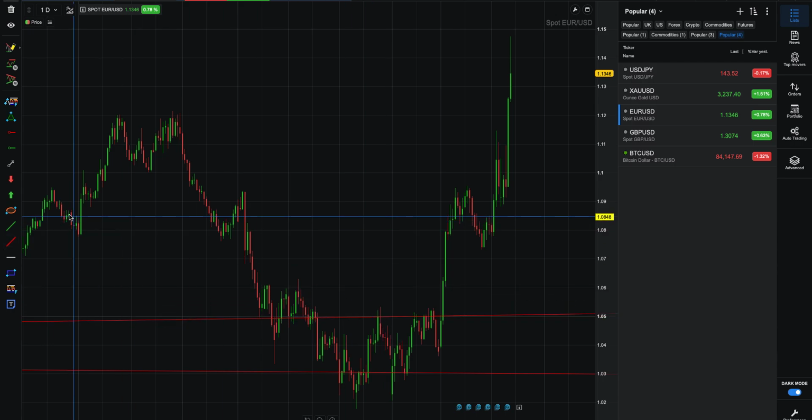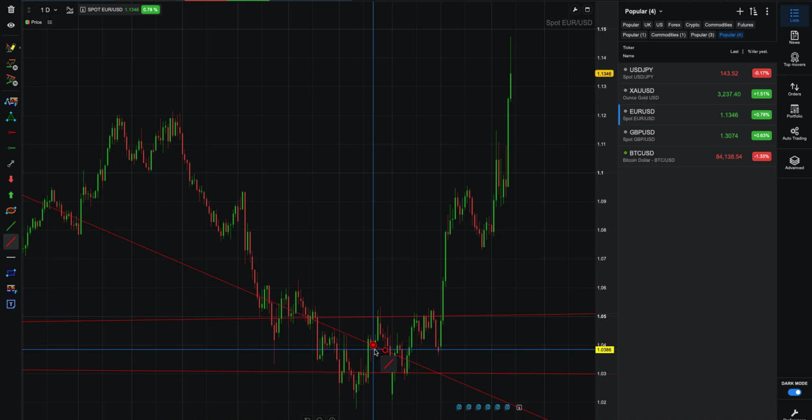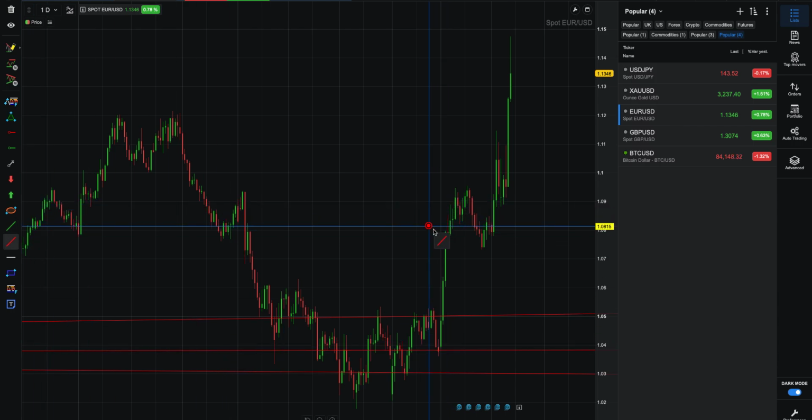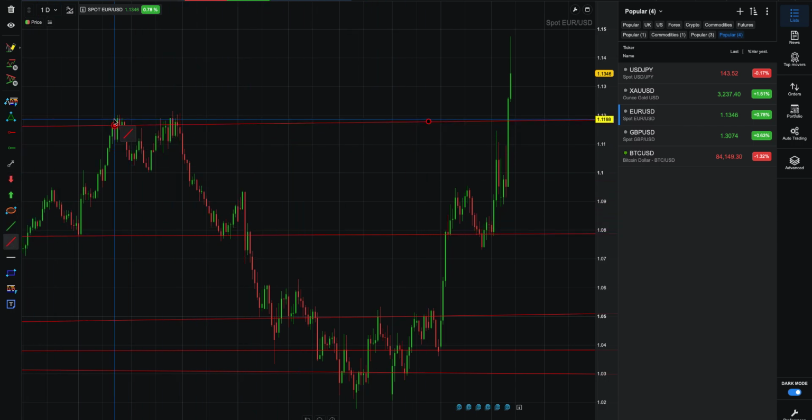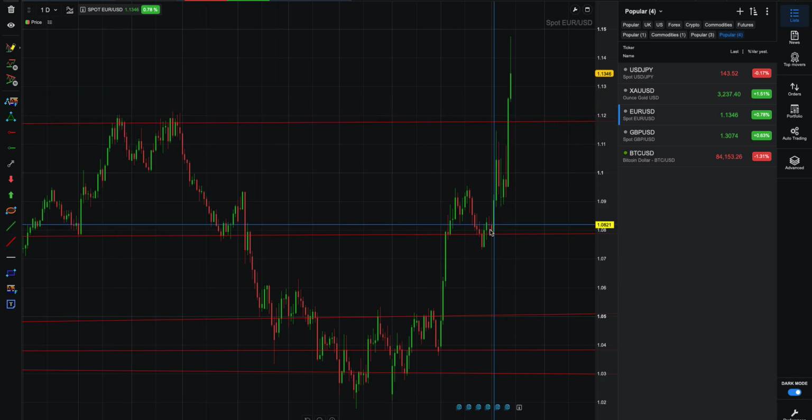When you mark the key levels, then you can say, okay, I'm okay now with the trend, and let's see what we can achieve. Just mark the key levels.